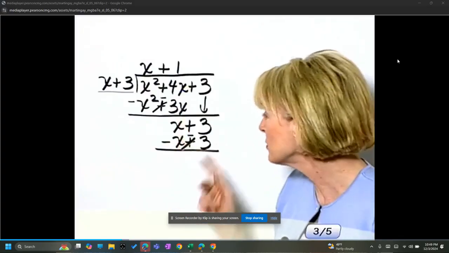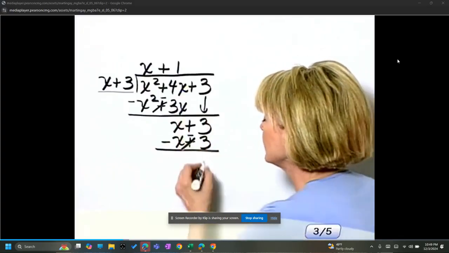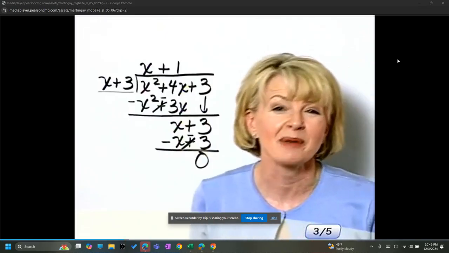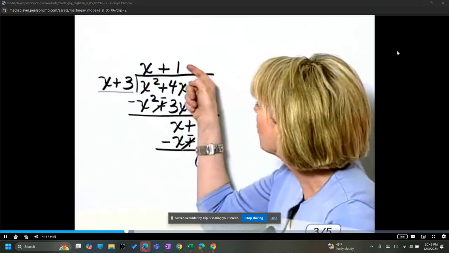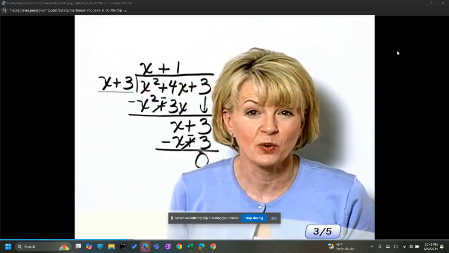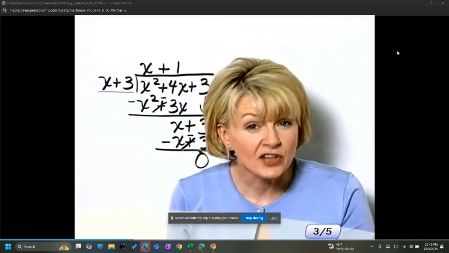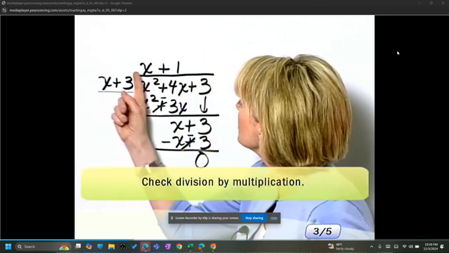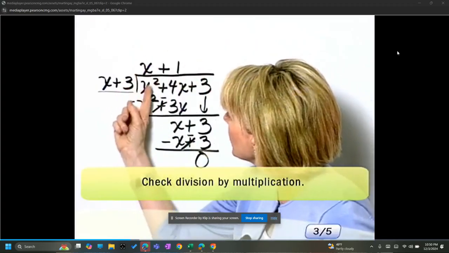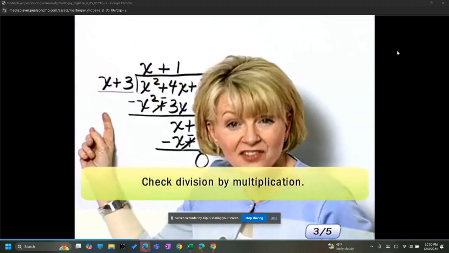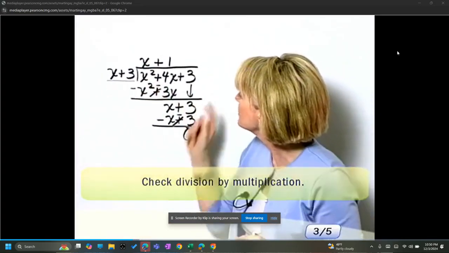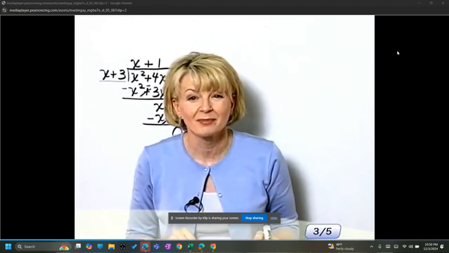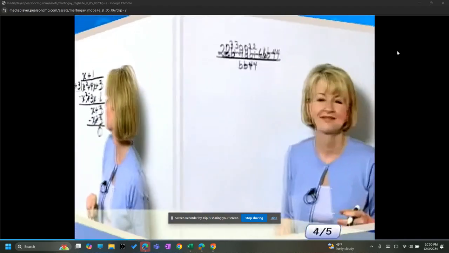X minus x is 0. 3 minus 3 is 0. We happen to have a remainder of 0. What is the quotient then? The quotient is x plus 1. And how can we check? I'll let you check, but multiply x plus 1 times the divisor, x plus 3. That product should be that dividend, x squared plus 4x plus 3.